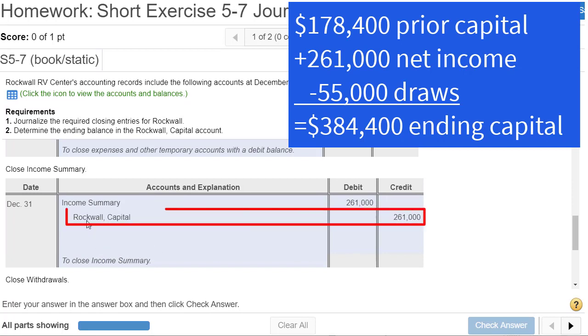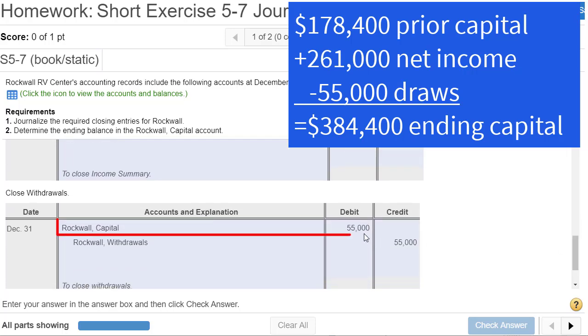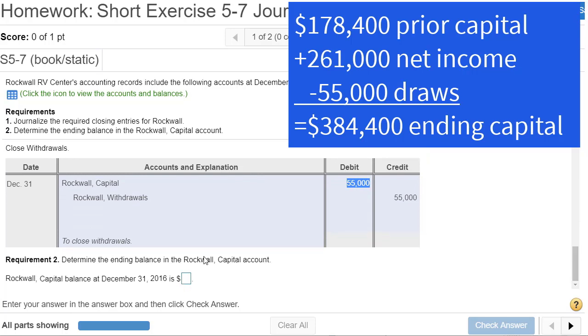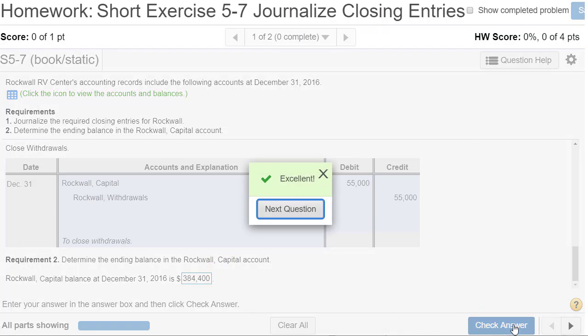Then we find that we have increased capital, 261,000. So I take that previous balance, add 261,000, and then the last time we affected capital, we decreased it by 55,000. So I will subtract 55,000. So our balance is 384,400. And that's it.